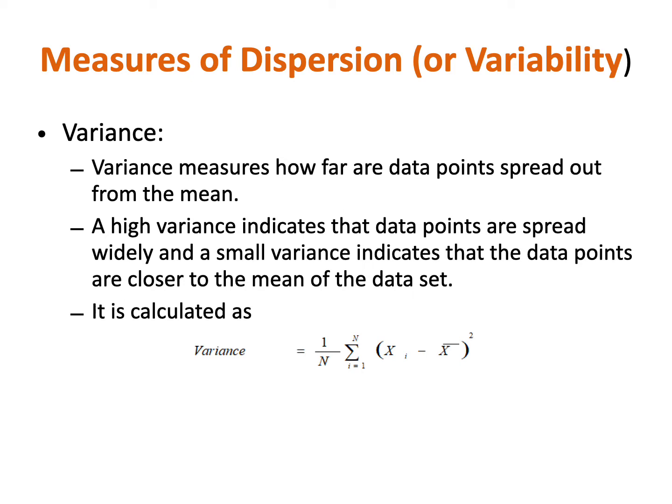High variance indicates that the data points are spread widely, and small variance indicates the data points are closer to the mean of the data set.